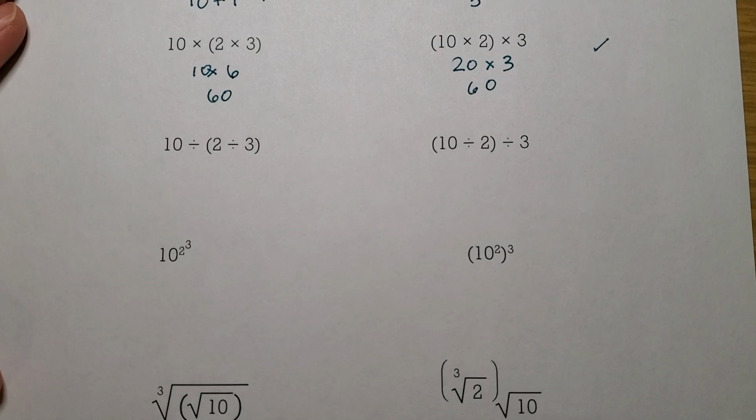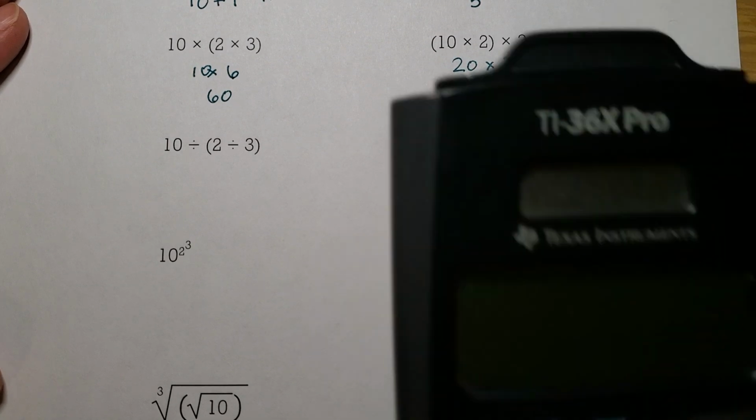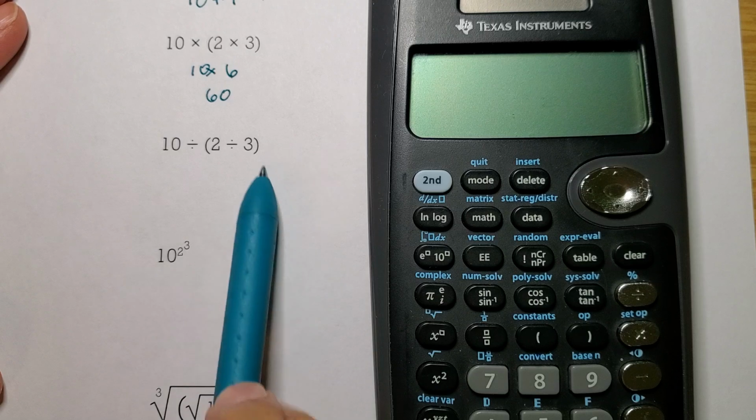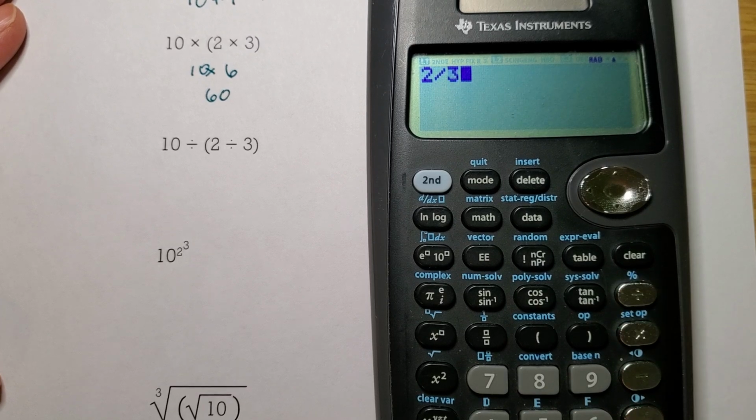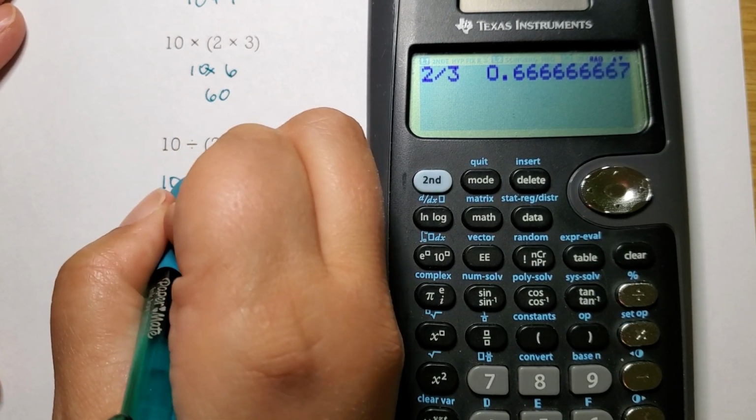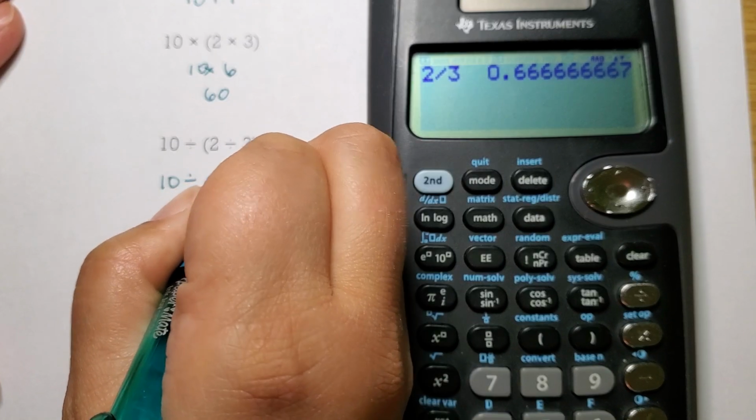I think I'm going to have to use a calculator for this one, because I don't think 3 goes into 2, so we're probably going to get some decimals. So if I do 2 divided by 3, yeah, I get this repeating decimal. So I'm going to get 10 divided by 0.6 repeating.